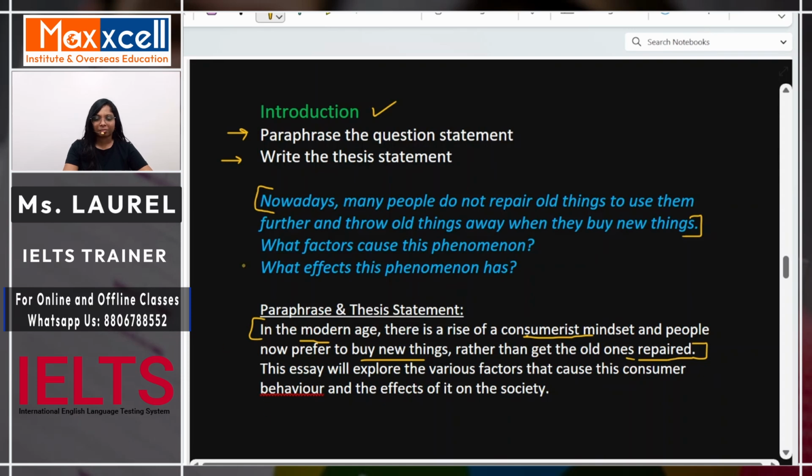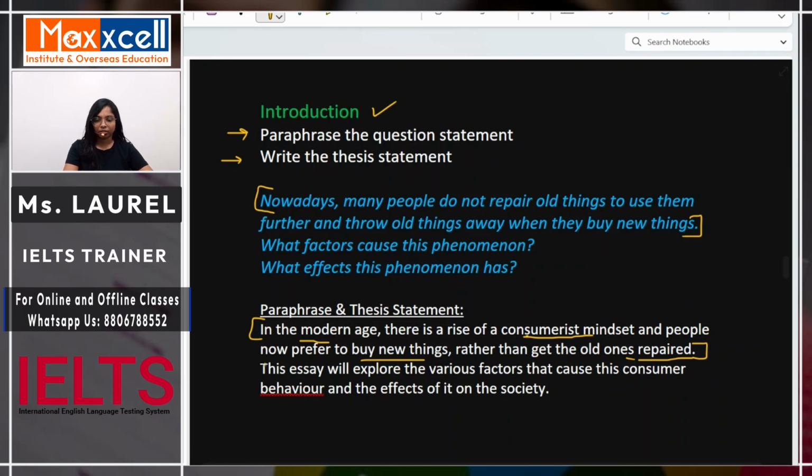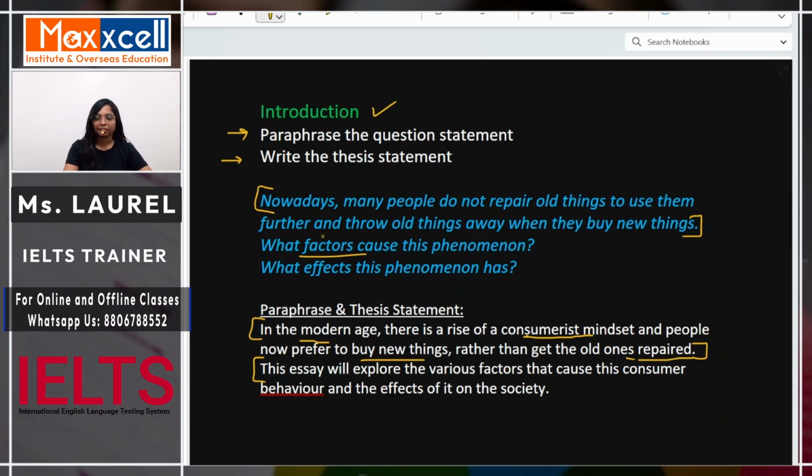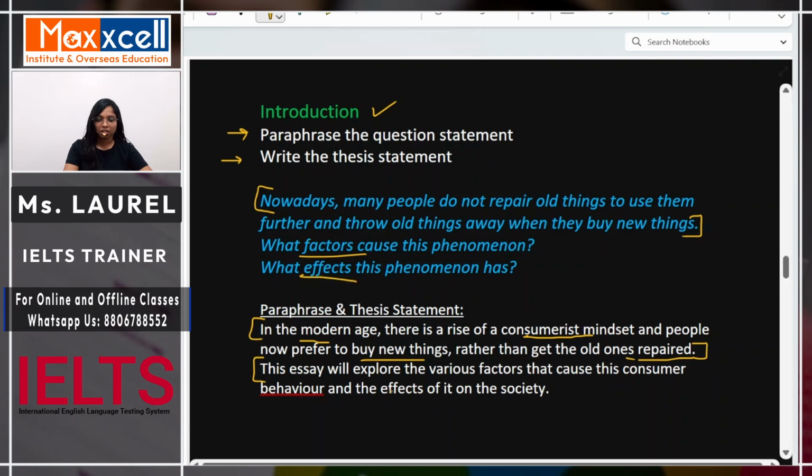Now for the thesis statement, what all are we going to cover? And here we have written this. This essay will explore the various factors, right? You see factors, we have put the factors that cause this consumer behavior and the effects. So this part, and the effects of it on the society.